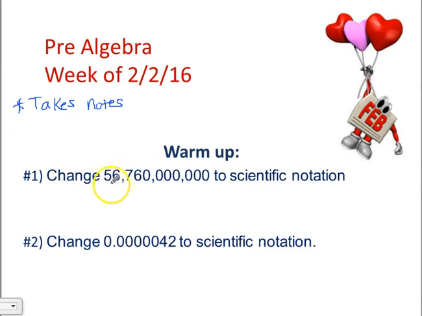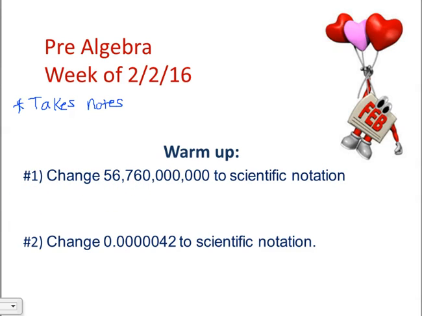All right, so this first large number, what do we have here? We've got 56,760,000,000 that we're going to change into scientific notation. The first step is placing our decimal between two numbers.